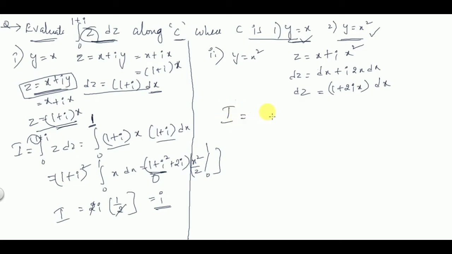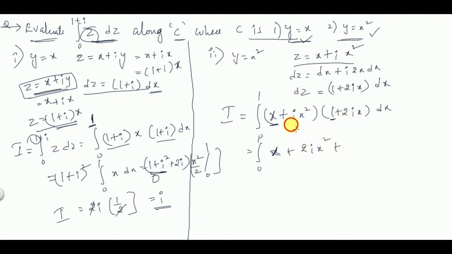Now the given integral I is equal to integral 0 to 1 of z dz. In the place of z you write (x plus i x square) into (1 plus 2ix) dx. If you multiply: x into 1 is x, plus x into 2ix is 2ix square, plus ix square into 1 is ix square, plus ix square into 2ix.